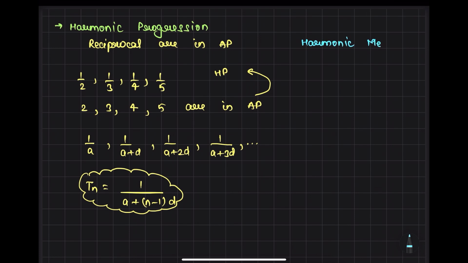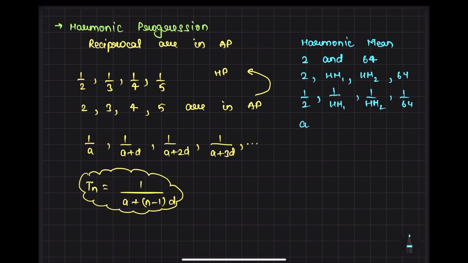Harmonic mean. Suppose they ask you to put two harmonic means between 2 and 64. How will you respond? We have 2, harmonic mean 1, harmonic mean 2, and then 64. You will take the reciprocals: 1 by 2, 1 by harmonic mean 1, 1 by harmonic mean 2, and then 1 by 64.